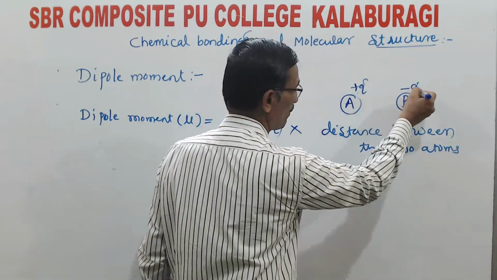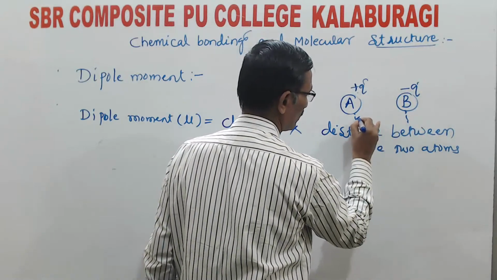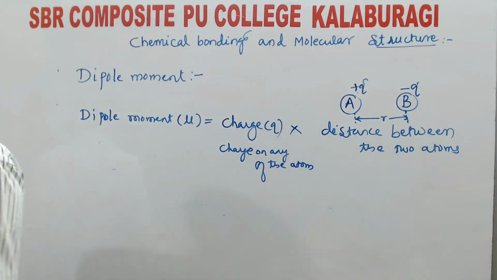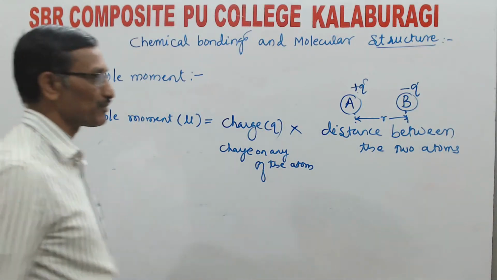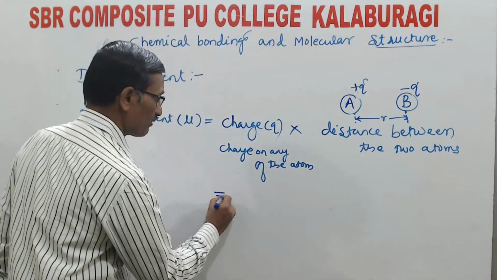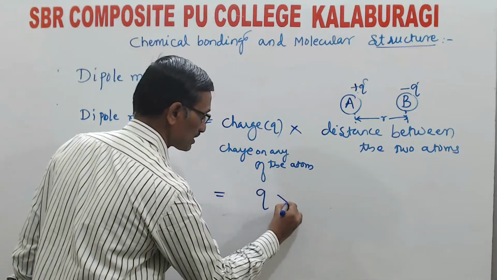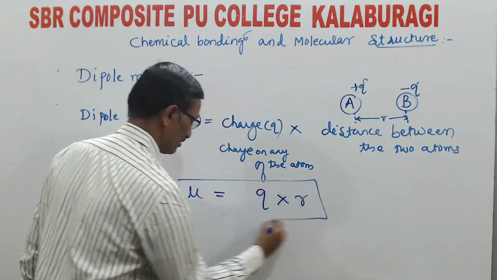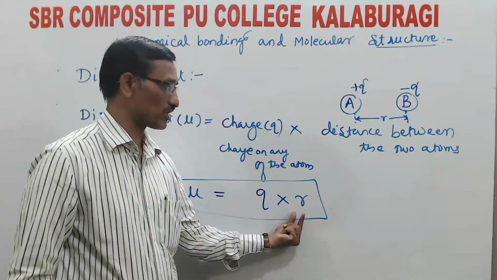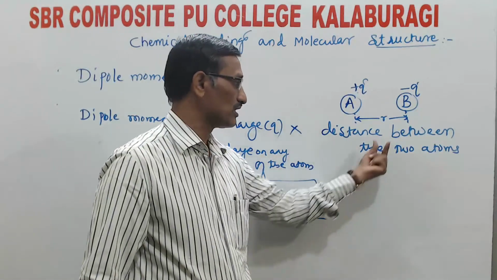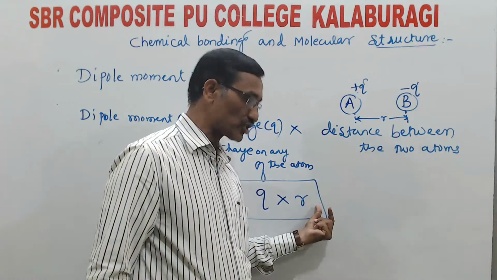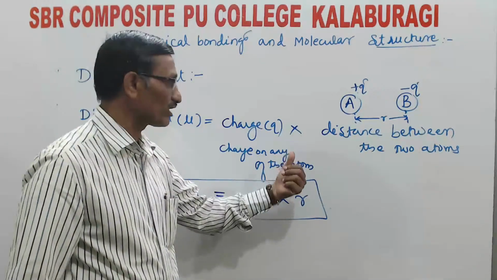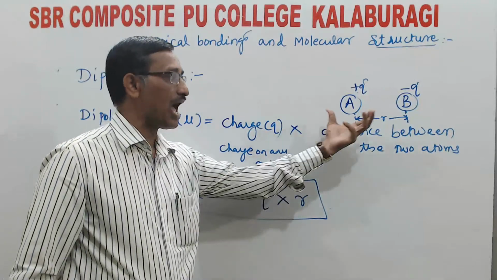This is plus Q and minus Q, so this is the distance between the two atoms, R. So dipole moment is Q into R, where R is the distance of charge separation, and Q is the charge on any of the atoms.